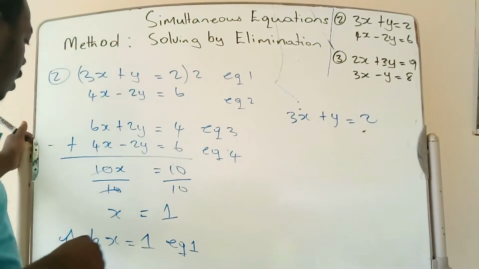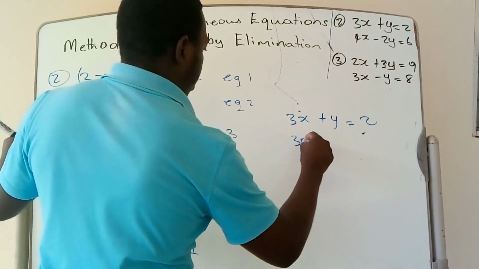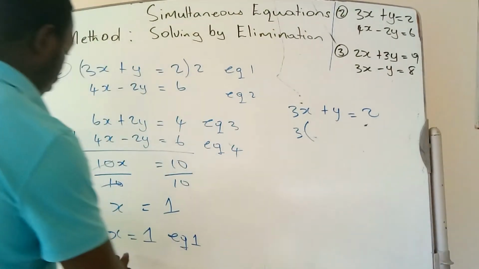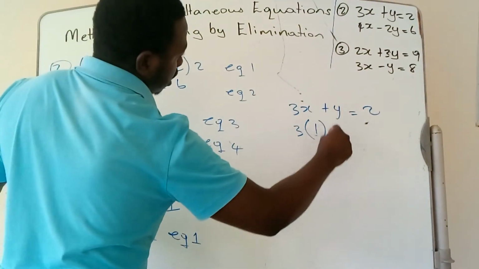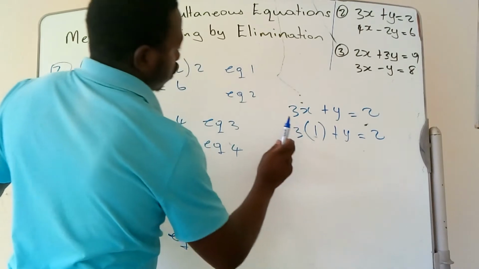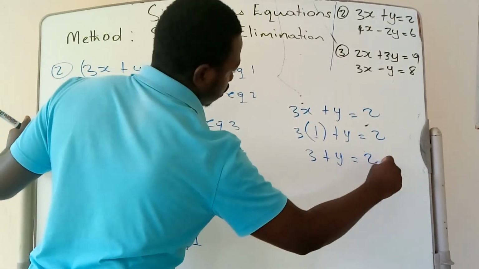Right? So we have the value of x, so it's 3 open bracket. What's x? x is equal to 1 here. So this is 1 plus y equal 2.